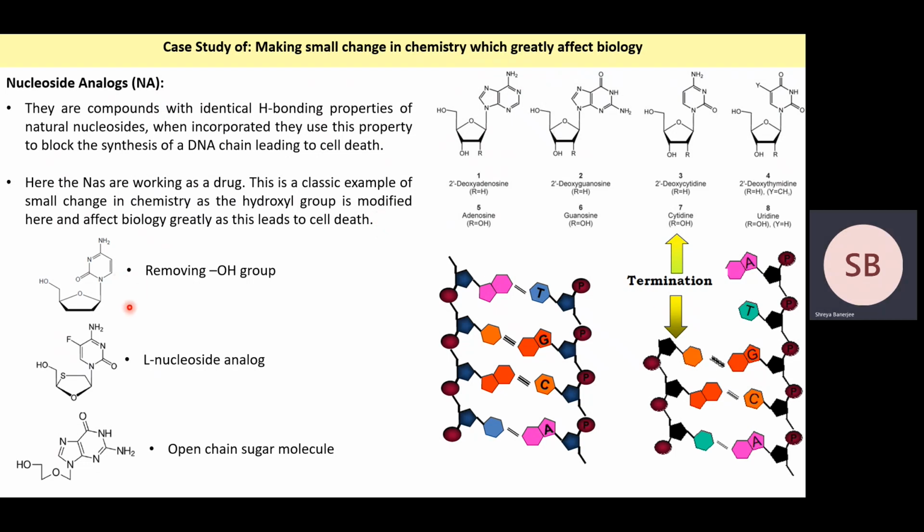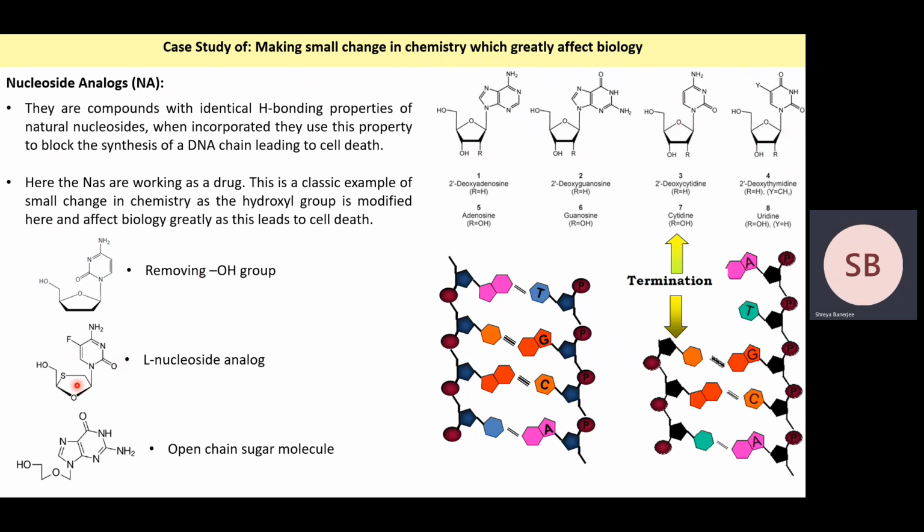So there can be several different types of nucleoside analogs. One is simply removing the OH group, as we discussed. Another type of nucleoside analogs can be taking the L isomer instead of the D isomer. So if you look at the original structure, the O is pointed upwards and the OH and R are pointed downwards.